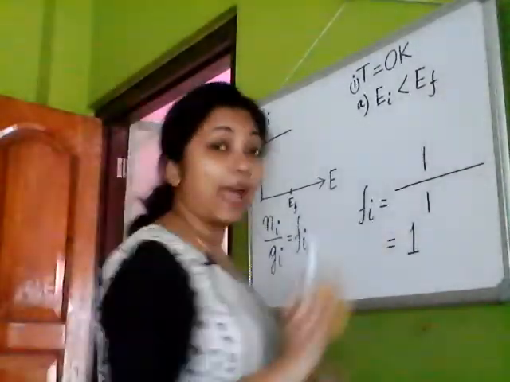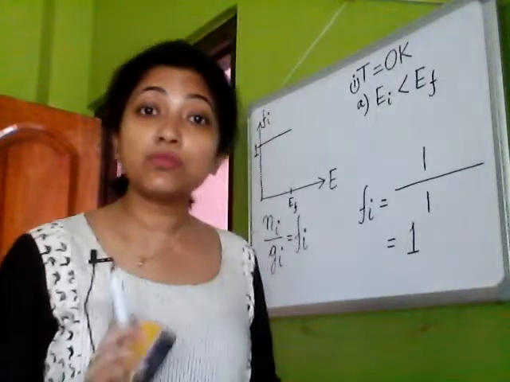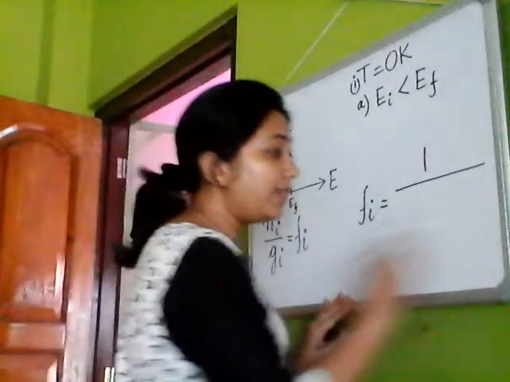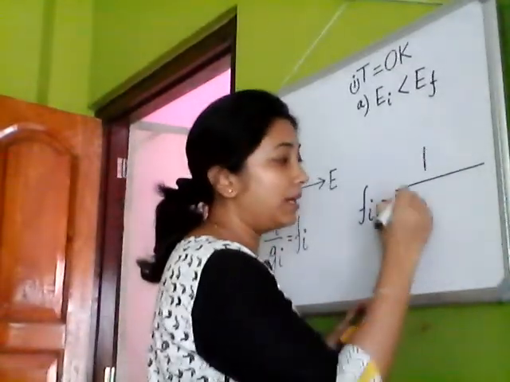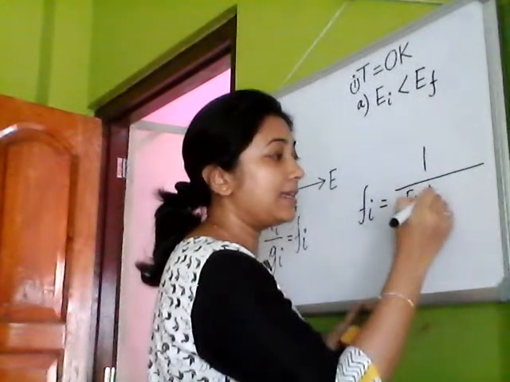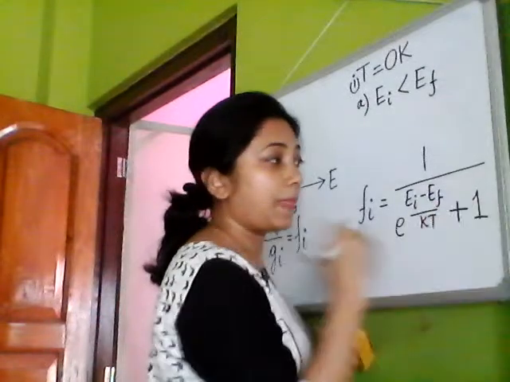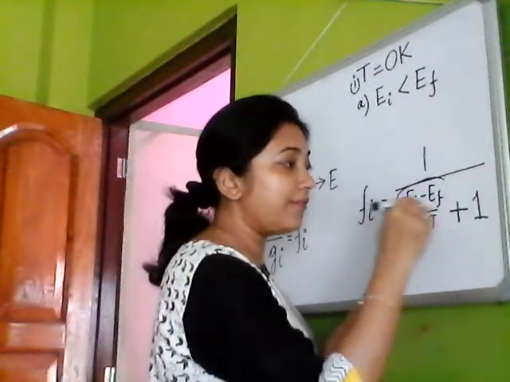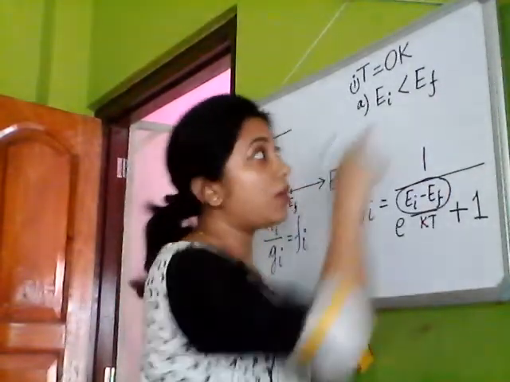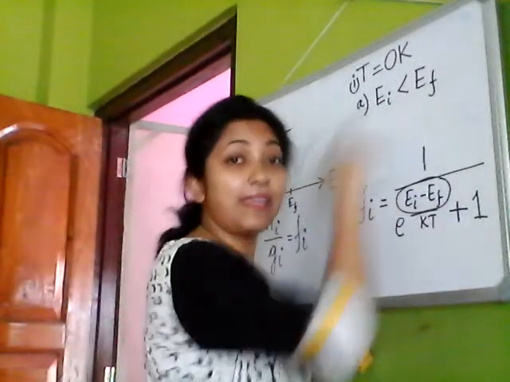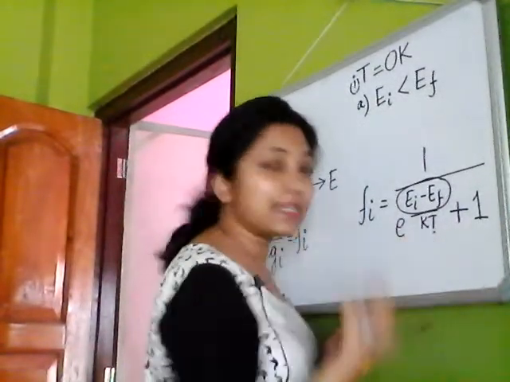I will repeat it once again so that there is no confusion. We were working with e to the power (EI minus EF) by KT, plus 1. Now EI minus EF is a negative value because my EI is less than EF, and T is 0.